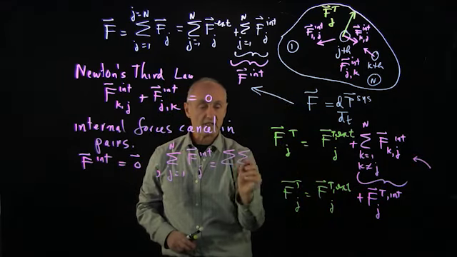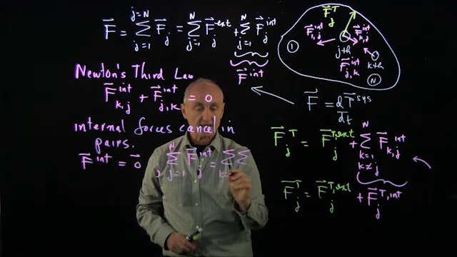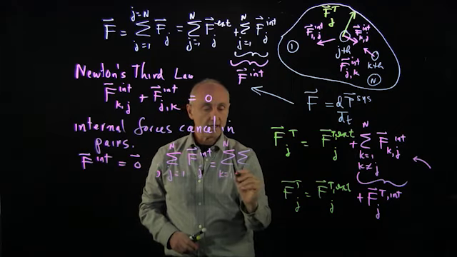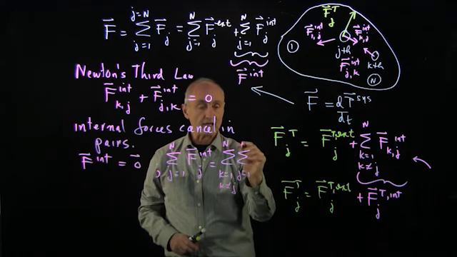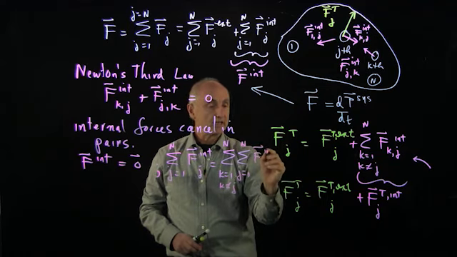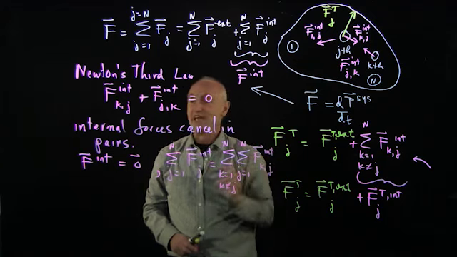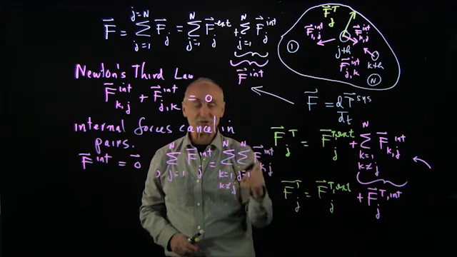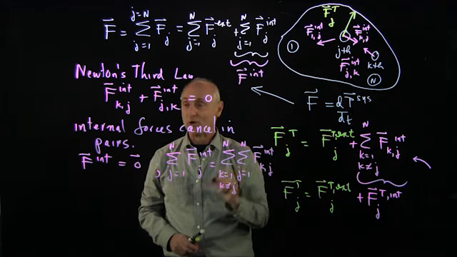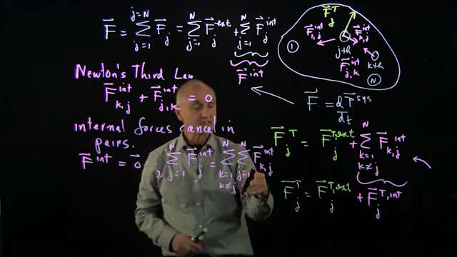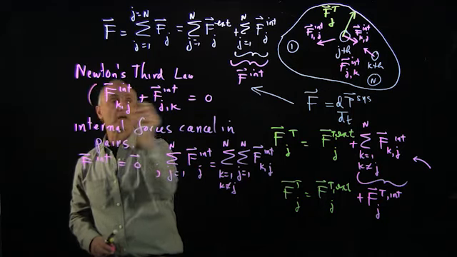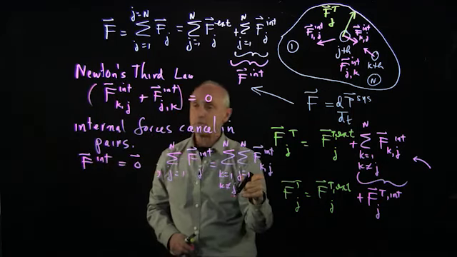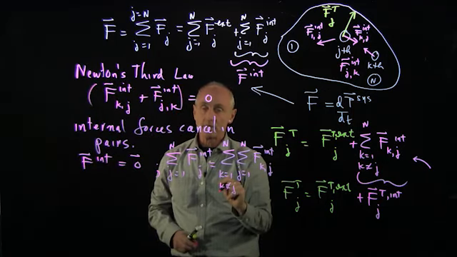This is where things get a little bit messy. k goes from 1 to n, k not equal to j, F internal kj. This looks terribly messy. But what we're saying is this sum is just a sum of pairs. And every single pair in this sum adds to 0.